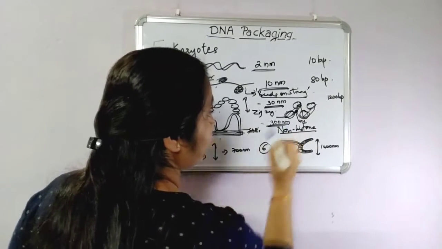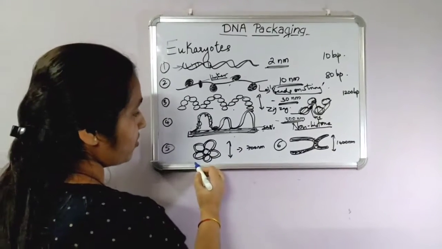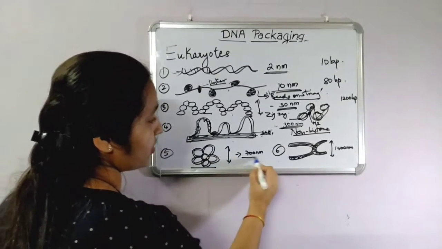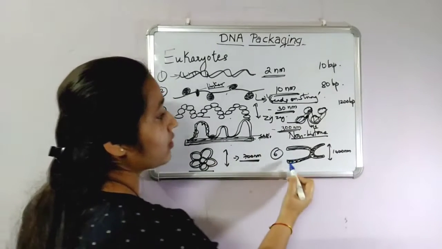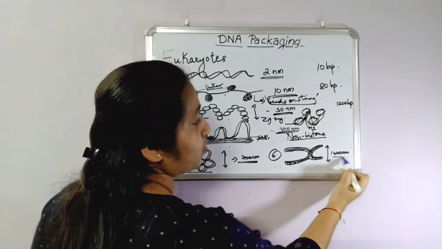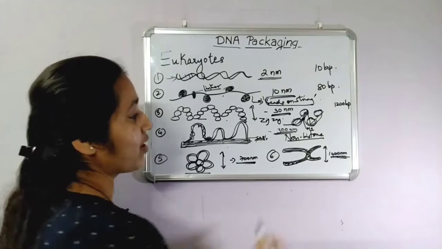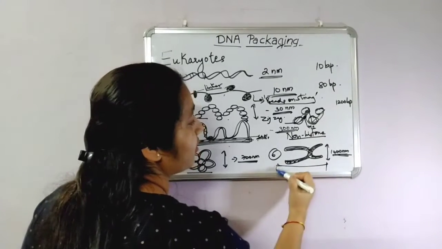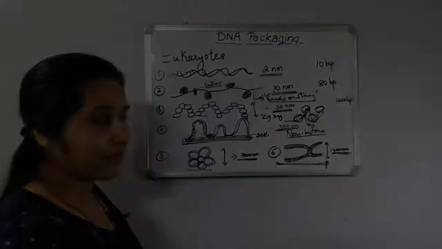The 30 nanometer fiber will lead to a 700 nanometer structure, and this will finally compact into a 1400 nanometer structure, which is nothing but the regular metaphase chromosome that we study.